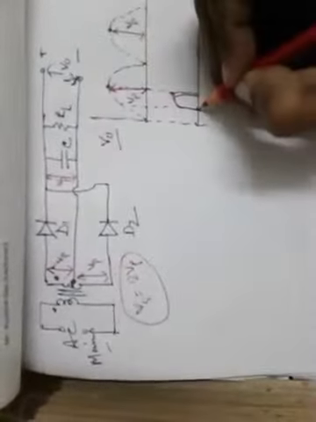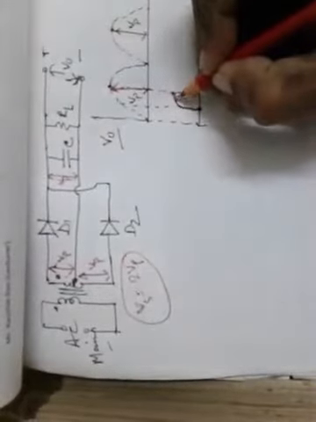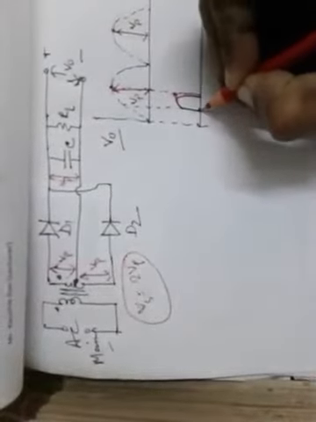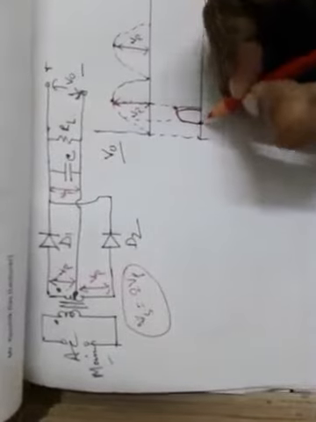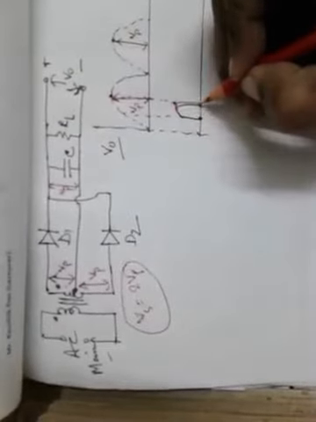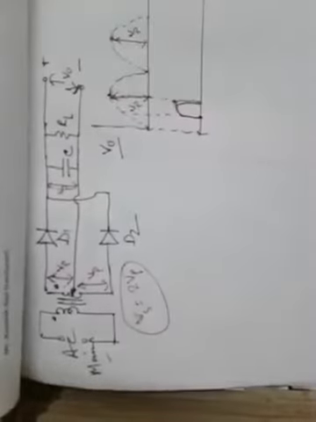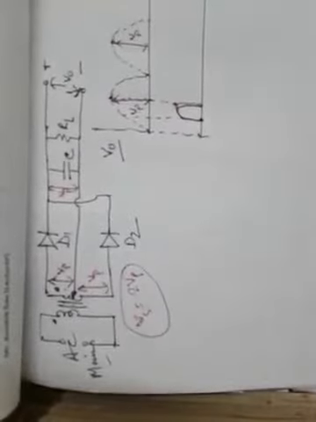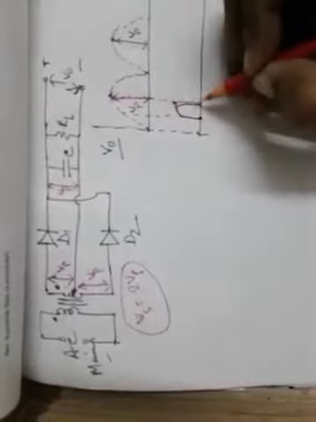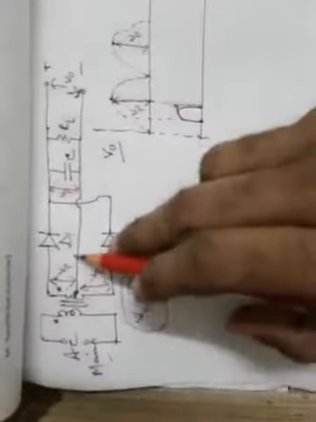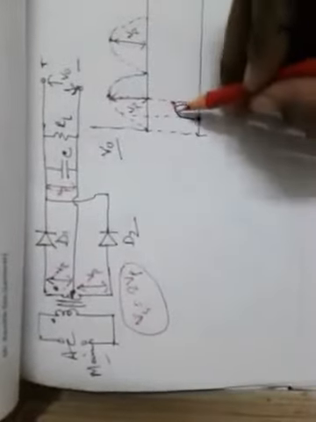So the diode current will look like this. It will start from here at its cut-in voltage, and it will stop conduction at the peak voltage of the output or the input signal, both are same. At that point the diode will be cut off, and the diode current will once again come down to 0.